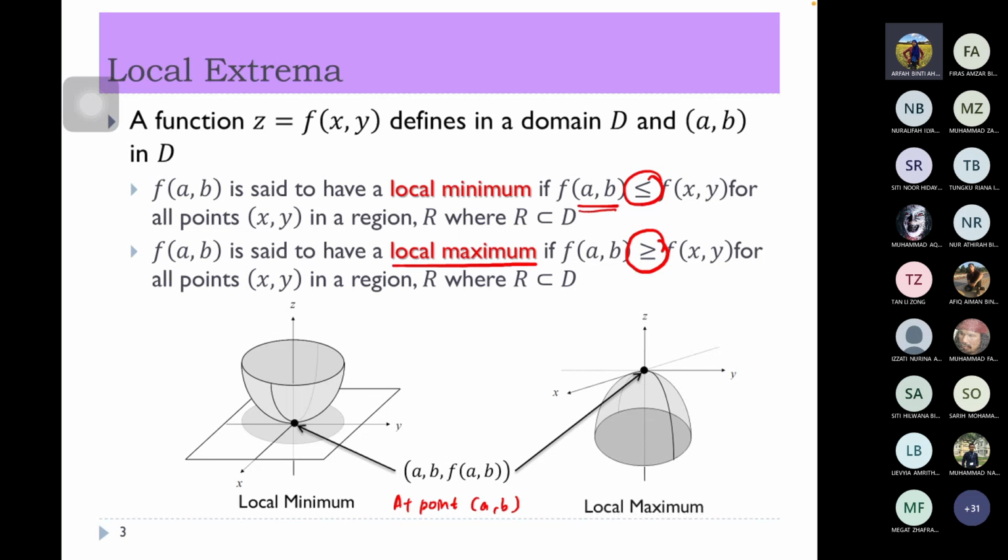Okay, so that is the local minimum, and the other one is the local maximum. So this is what we want to find in local extreme: where is the highest point and where is the lowest point for a given function f(a, b). Okay. So you got the idea?